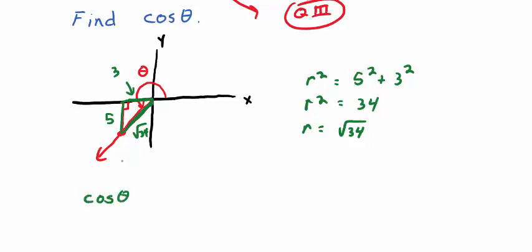Looking at this triangle outlined in green, what does the cosine of theta say? Yeah, cosine is adjacent over hypotenuse. What's the adjacent side? 3. The hypotenuse is root 34. There it is. That's it.